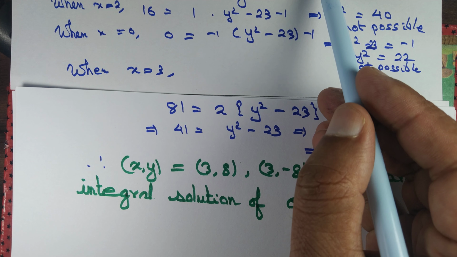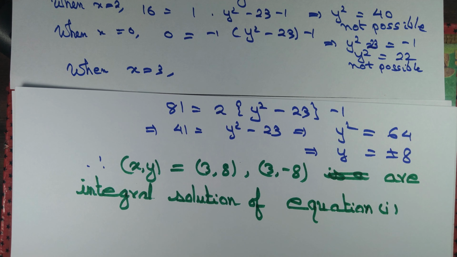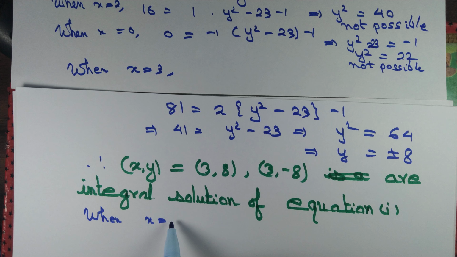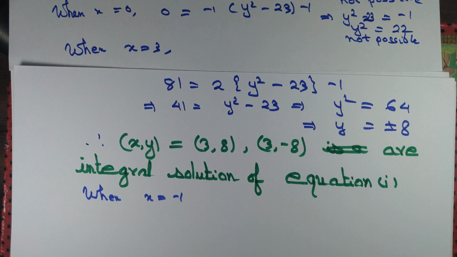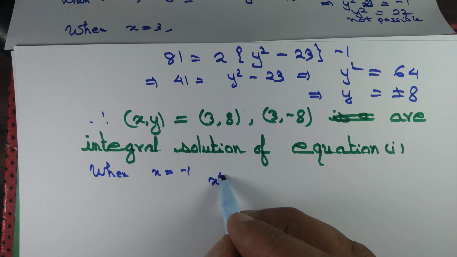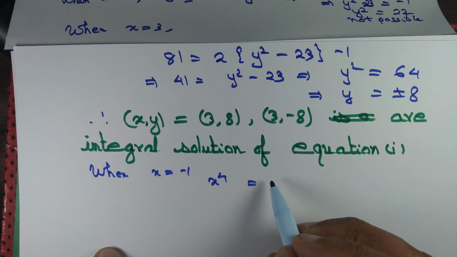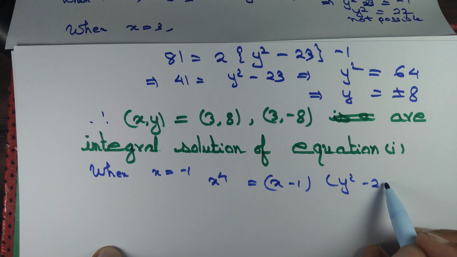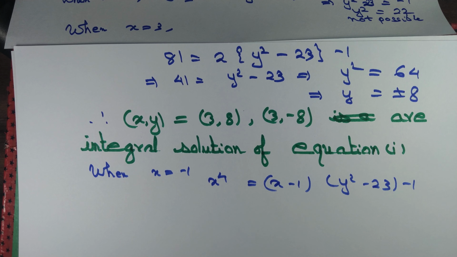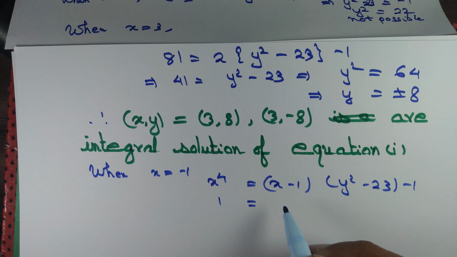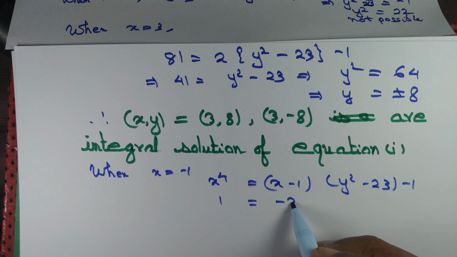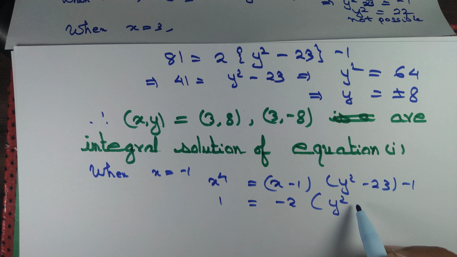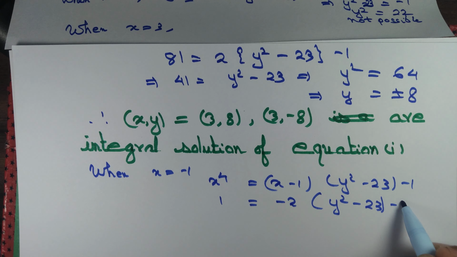What about x equal to minus 1? Let's write the equation once again. x to the power 4 equals (x minus 1)(y square minus 23) minus 1. We write x equal to minus 1. So minus 1 to the power 4 is 1. Minus 1 minus 1 is minus 2, times (y square minus 23) minus 1.